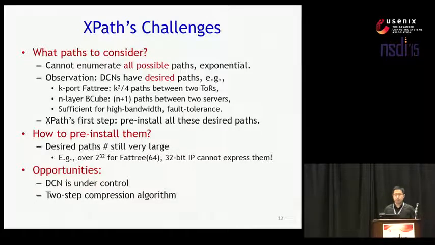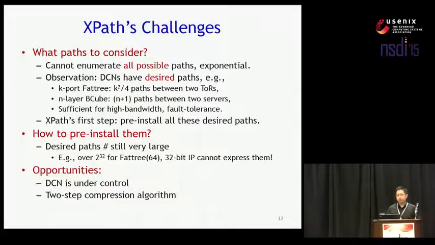For example, in a fat tree built with k-port switches, there are k squared over 4 parallel paths between any two TORs. And in an n-layer BCube network, there are n+1 paths between any two servers. All these paths fully explore the topology redundancy for high bandwidth and fault tolerance. Let's take a look at a concrete example.